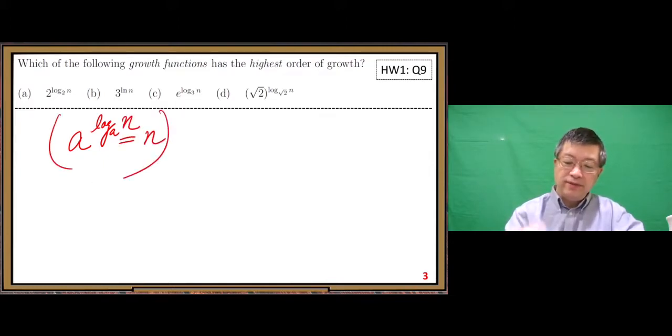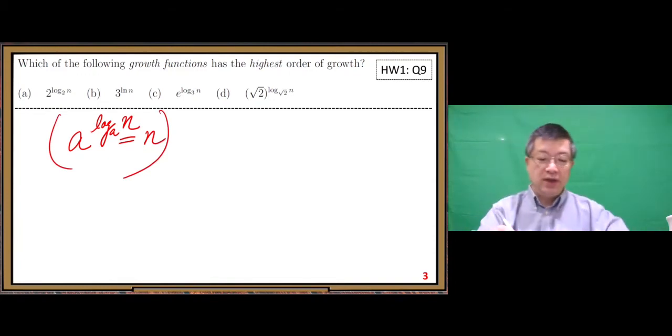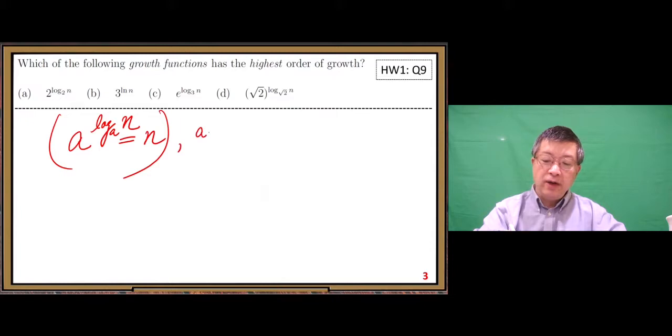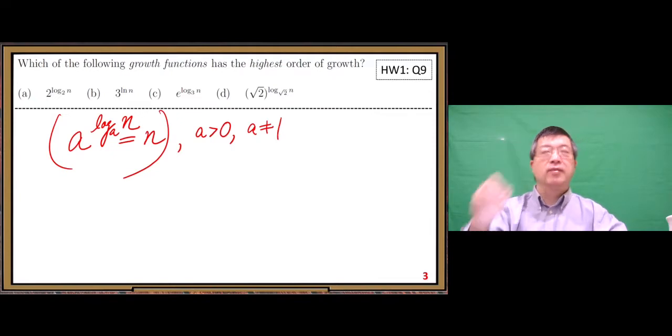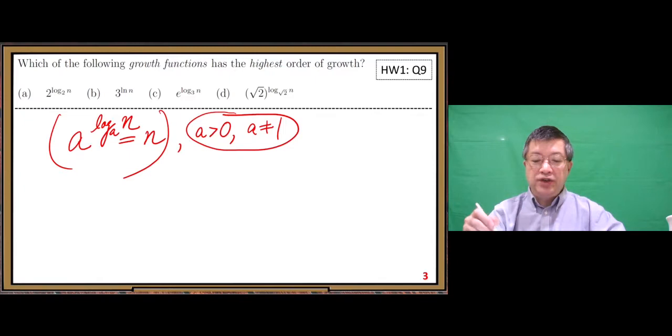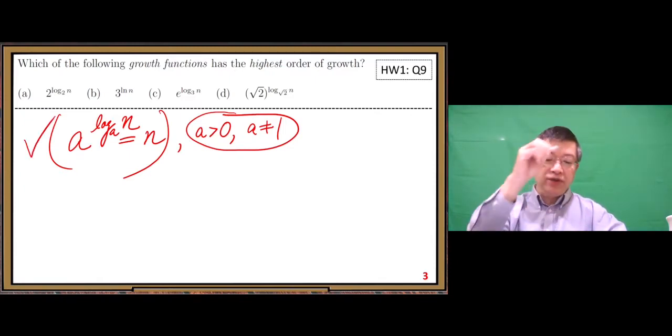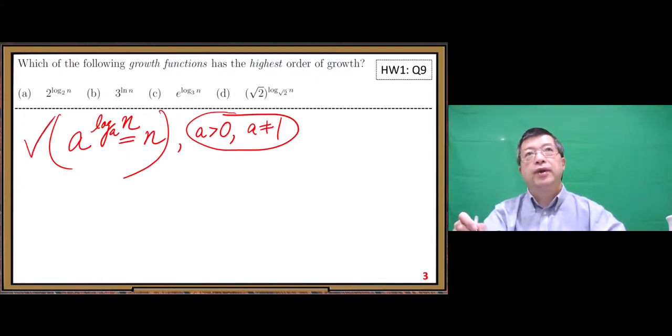Definitely a should be a positive number and a cannot be 1. If a satisfies this condition, it is always true.